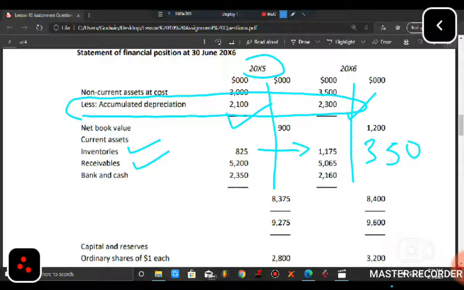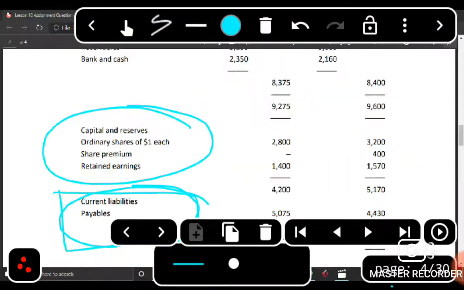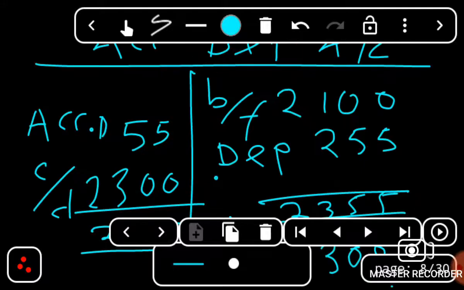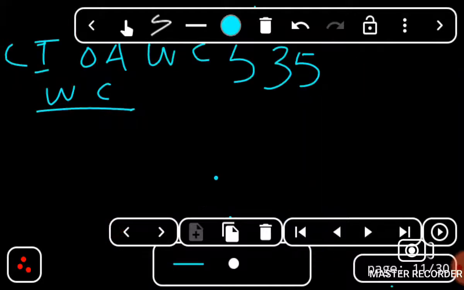Remember, the cash flow deals with the outflow and inflow of cash. Because we're buying more inventory, we're losing cash in our business, so this will appear as a negative figure because we're giving out cash to buy inventory.